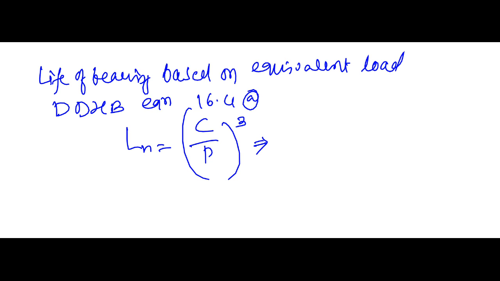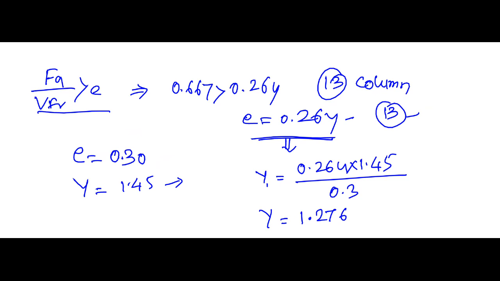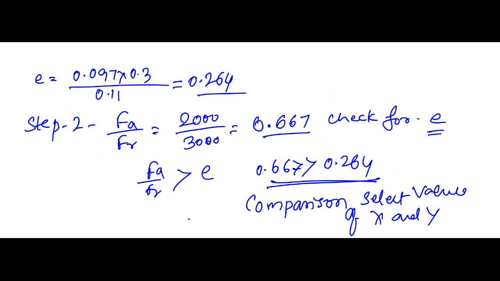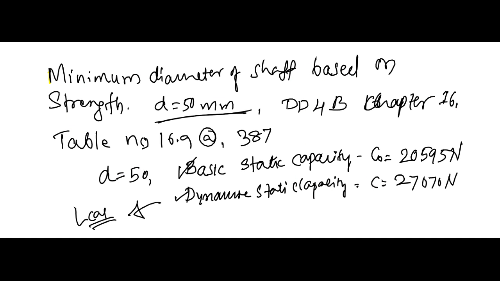So C you have noted, but what is the basic dynamic capacity? The dynamic capacity is 27070.